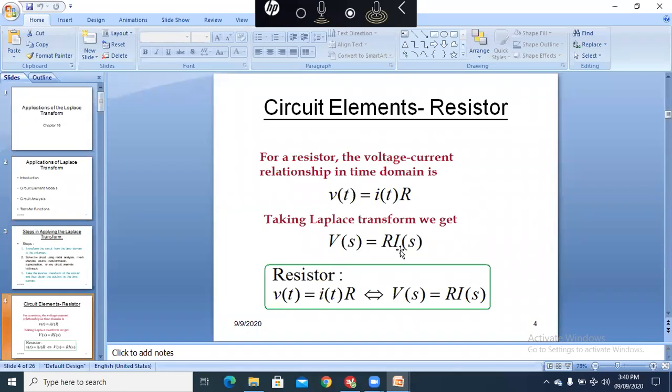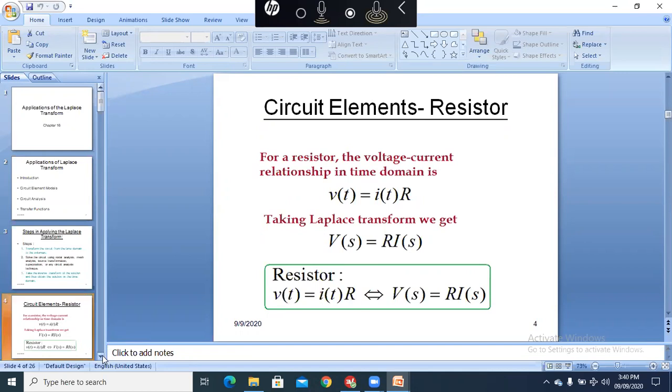Also, by dividing the voltage by R, we can have the current I of s. We can transform this relationship into the Laplace domain and back to the time domain with the same relationship. So this is the resistive element of the circuit.